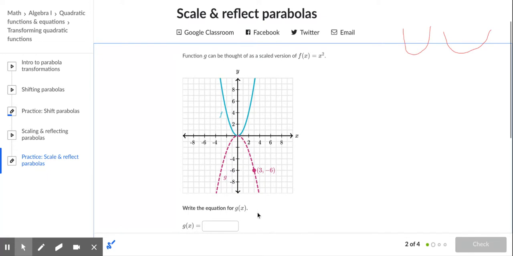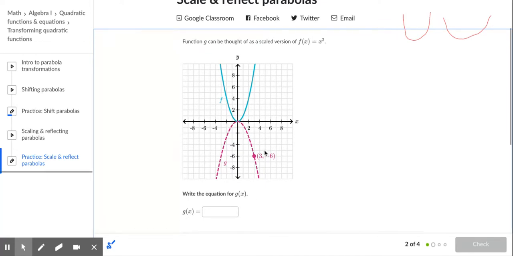So it's a reflection over the x-axis, and we've talked about this in previous videos. That's just making it negative. Or hold on, this is also scaled. Okay, it's negative, it's reflected, and it's scaled. Sorry, I almost missed that.